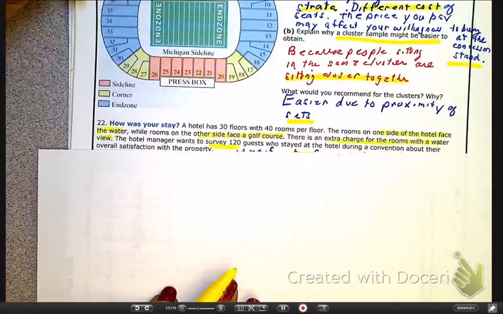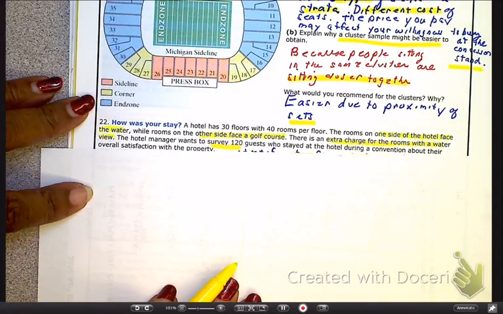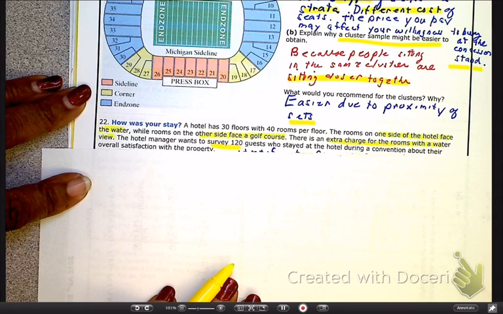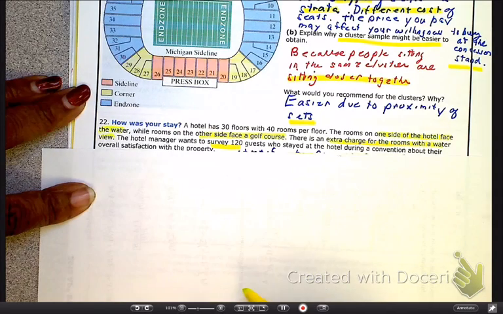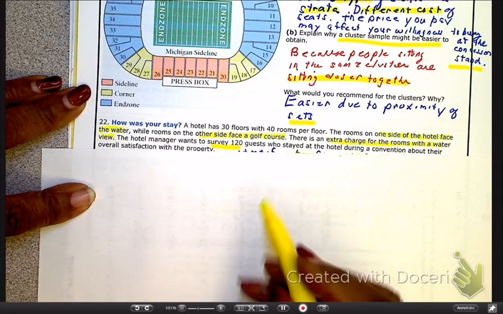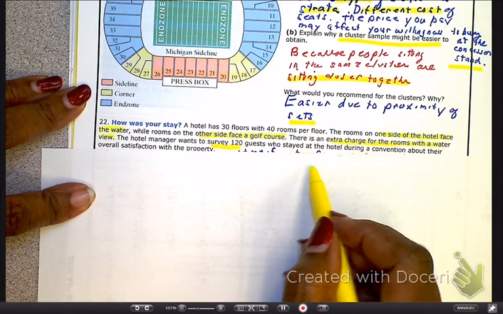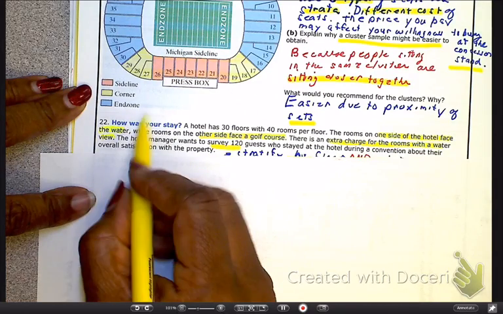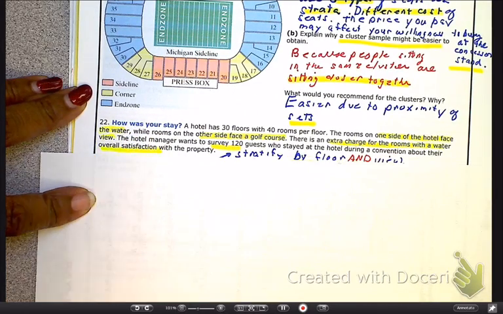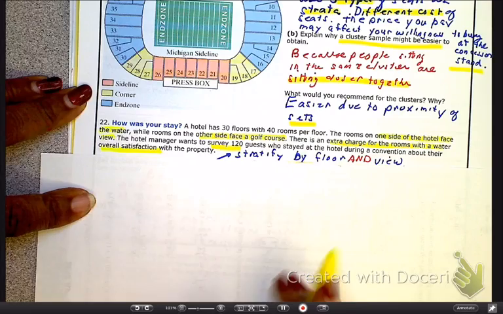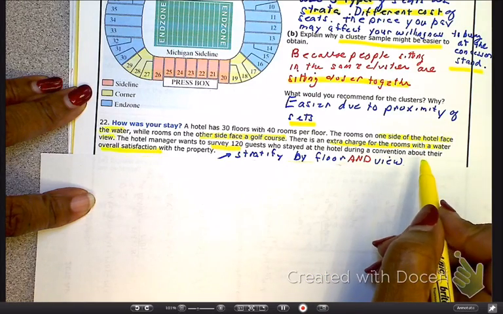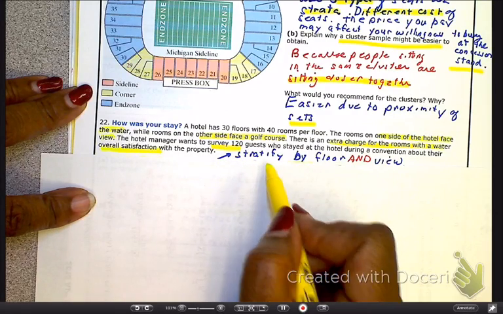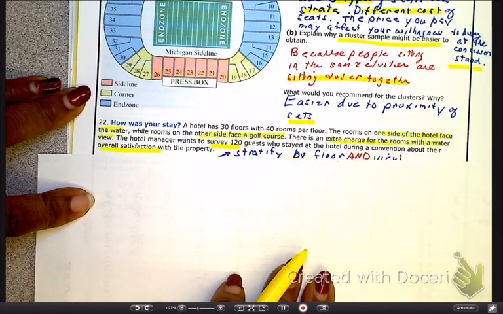Okay, let's go ahead and read number 22. How was your stay? So the hotel manager wants to survey 120 guests who stayed at the hotel during the convention about their overall satisfaction of the property. Now you notice that they had some people that were facing the water, the nice calm water, and other people that were facing the golf course.